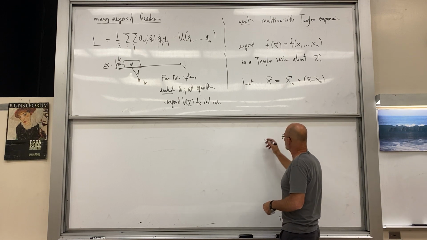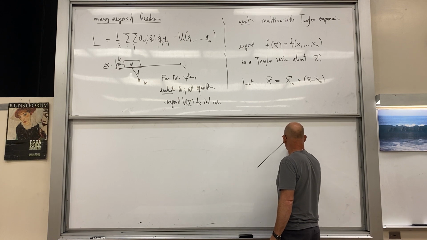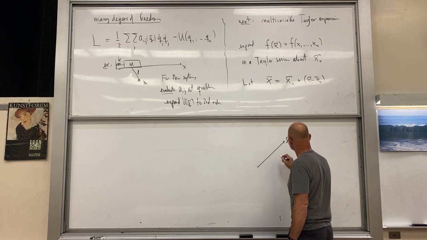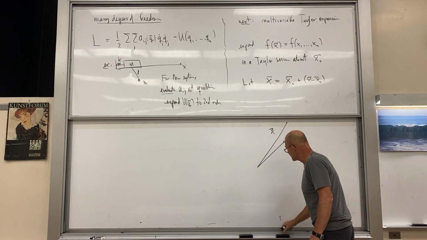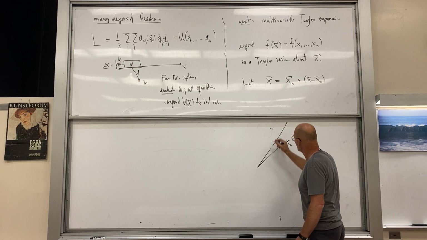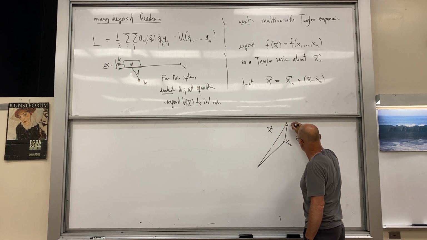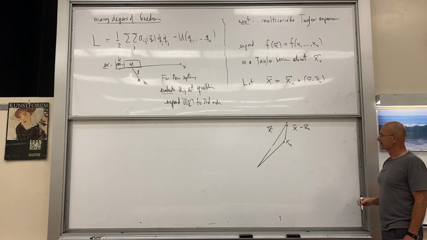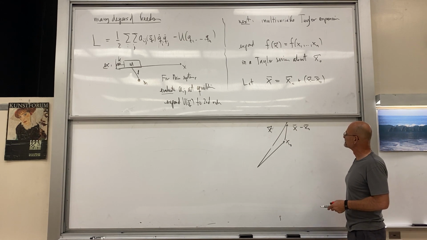So yeah, the picture that goes with that is we have x0, we have x, and then we have this x minus x0. So in that sense, that would be our small quantity. Okay.